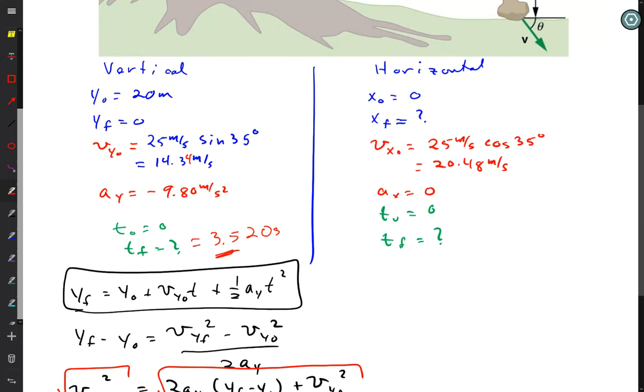So I can come over here to the x direction and say, aha, x final is going to have to be x initial plus Vx initial t plus 1/2 ax t squared. Ax was 0. X0 was 0.